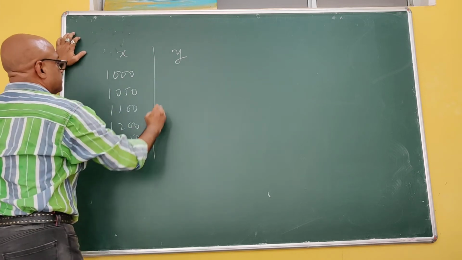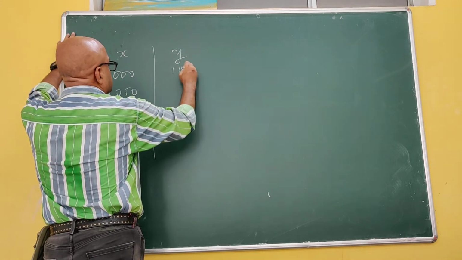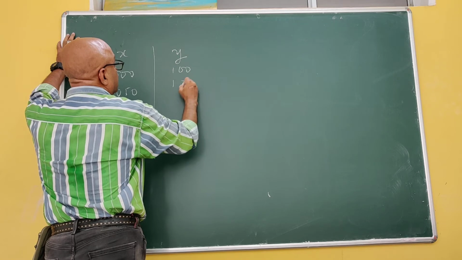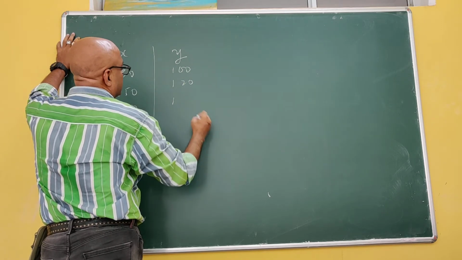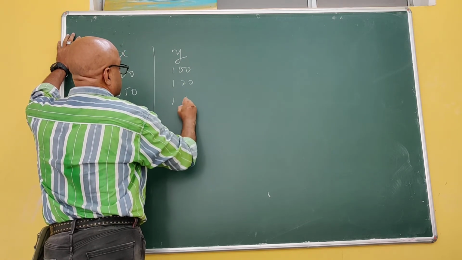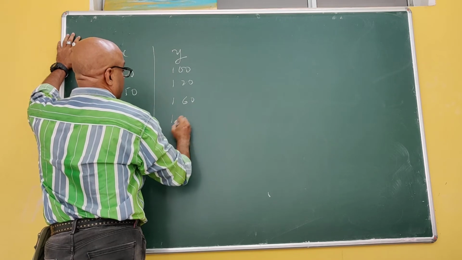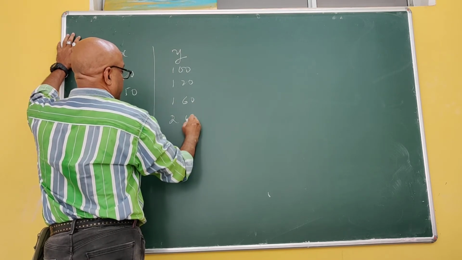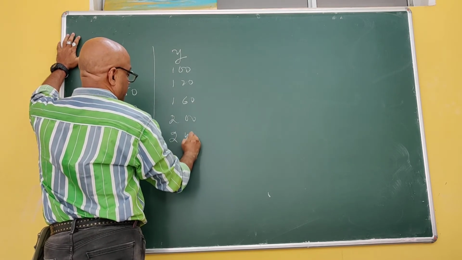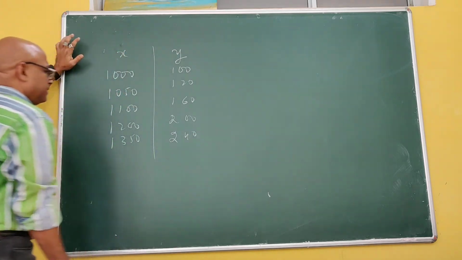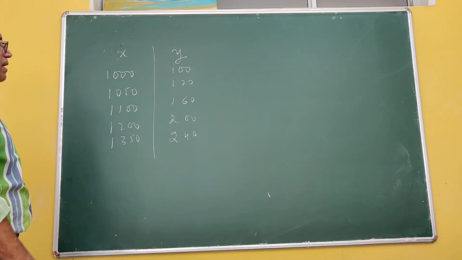You have big values. Then y takes, say, 100, 120, 100 and whatever, 60, 100 or 200 and 240 and values like this. They are pretty large.